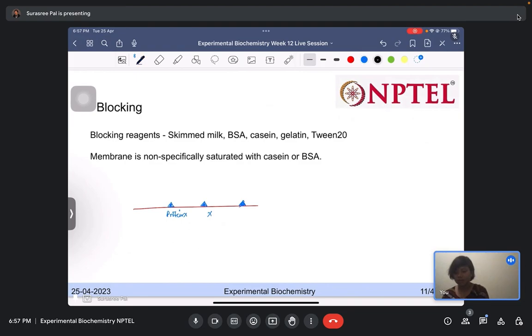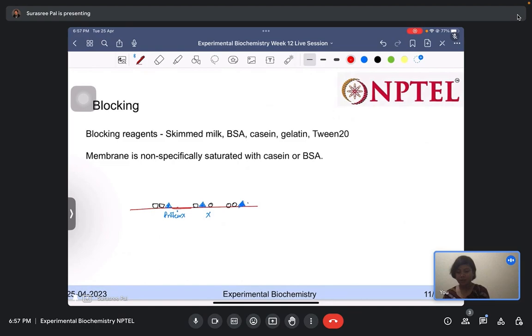And there will be some other proteins also, because from the cell lysis we have got many proteins in our sample. Now the rest of the space on the membrane is free. This part, it is free, right?